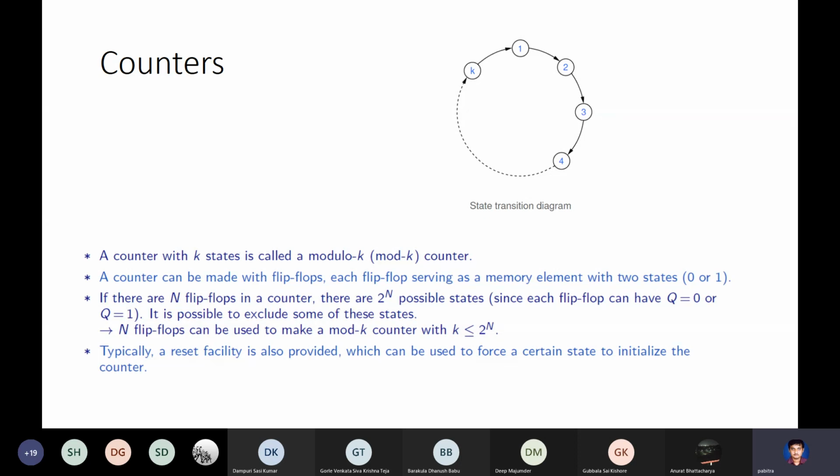So if the count number is 3, 0, 1, 1 is the state. In general, we can have other counters which require a decoder between the flip-flop states and the desired output. A typical example is a digital clock where you have 7-segment displays; a BCD kind of converter will be required. Okay, so this is what a counter is.